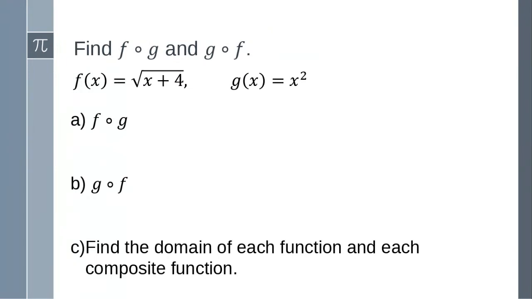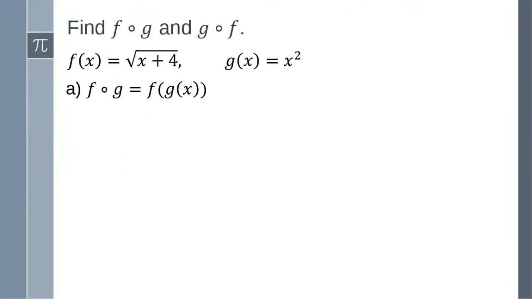So the next two examples are going to be similar to the ones we just did. However, they're adding letter C here, which is find the domain of each function and each composite function. So first we'll find the compositions. f of g, we can rewrite it as f of g of x. Replace g of x with x squared.